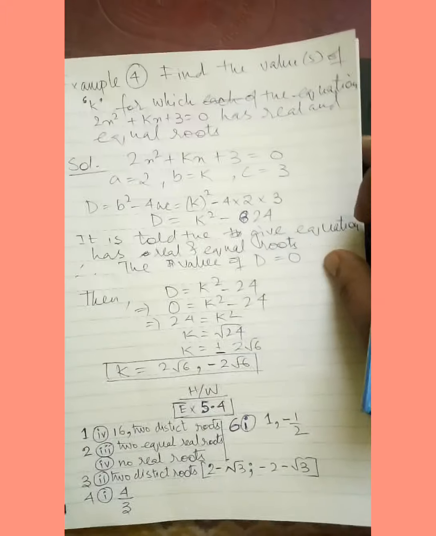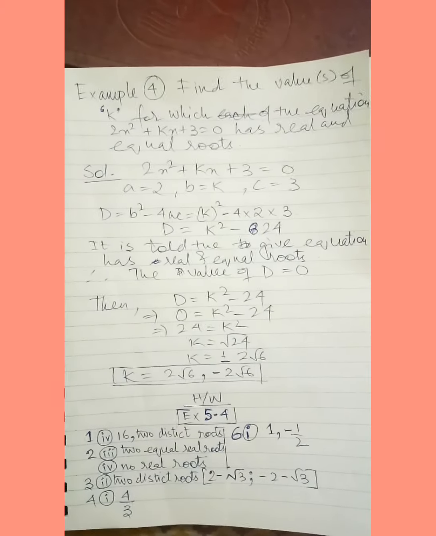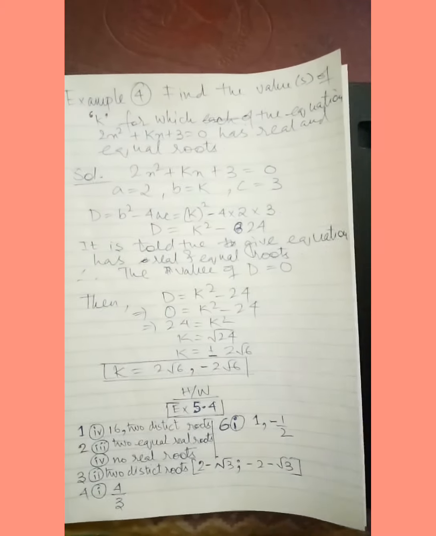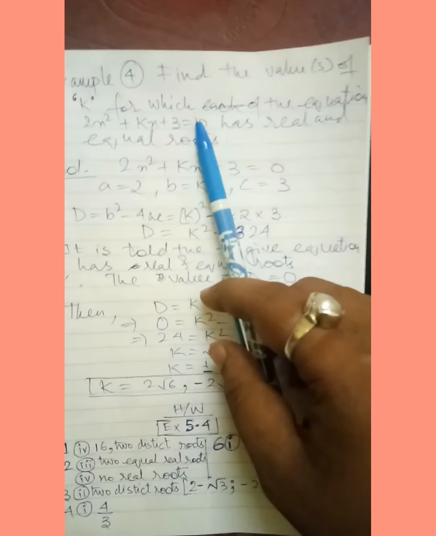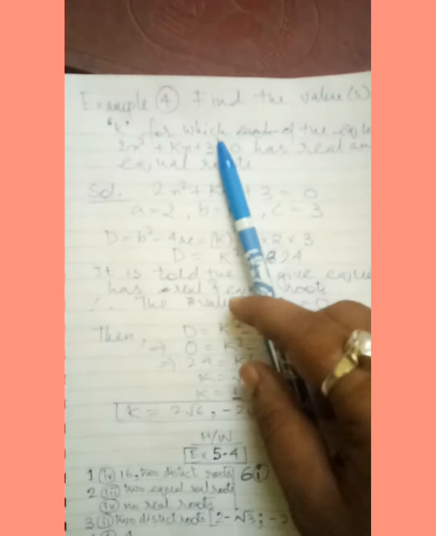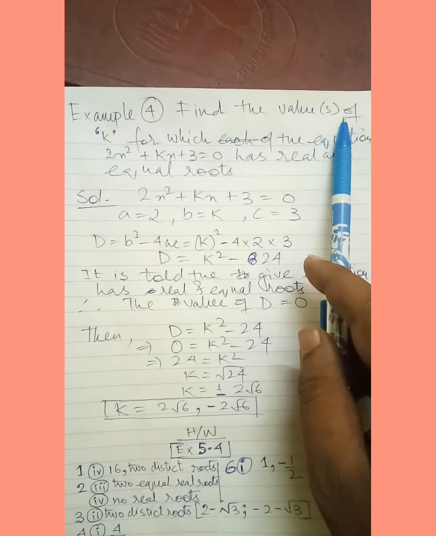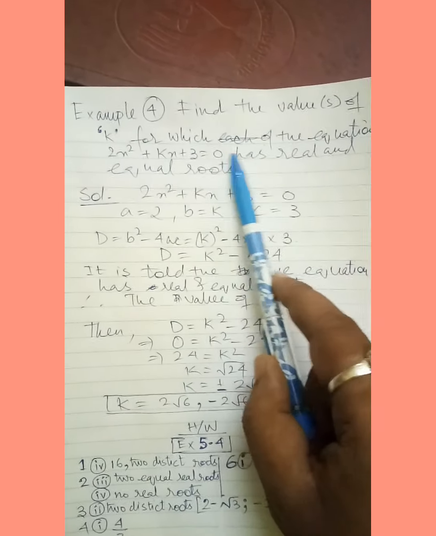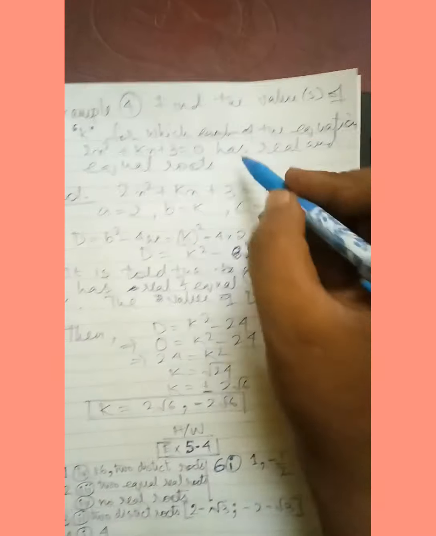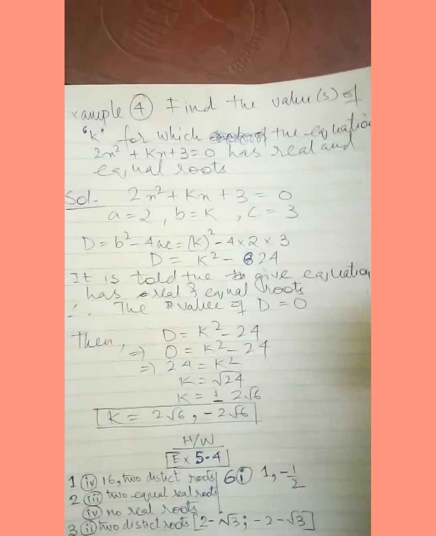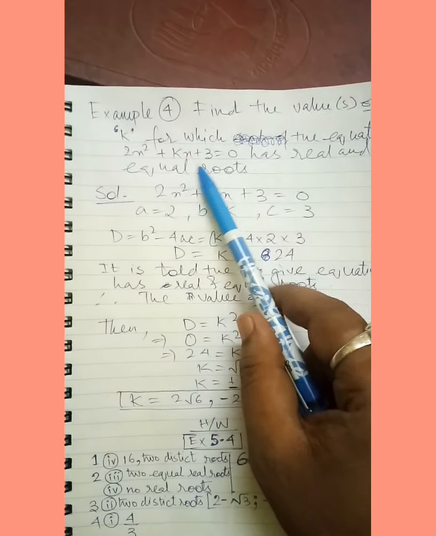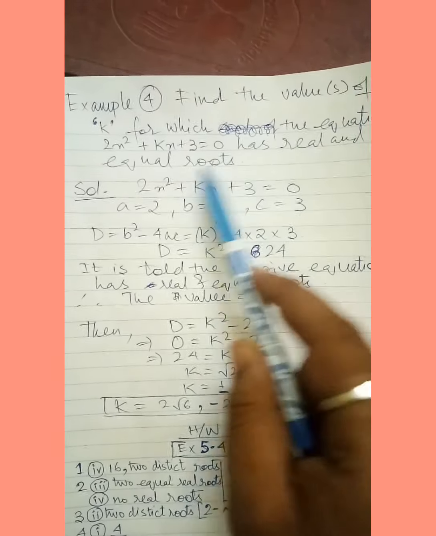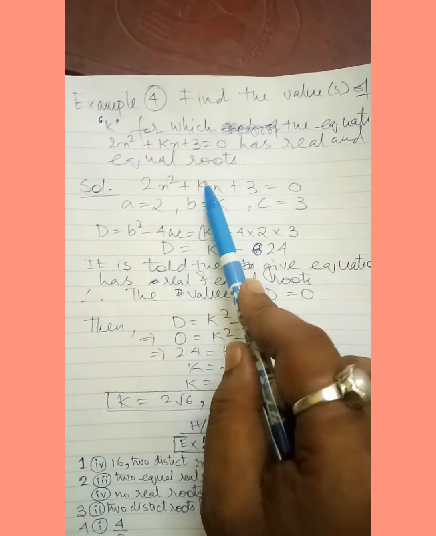Next, see what I've written, example 4. Find the values of k for which the equation 2x square plus kx plus 3 equals 0 has real and equal roots.